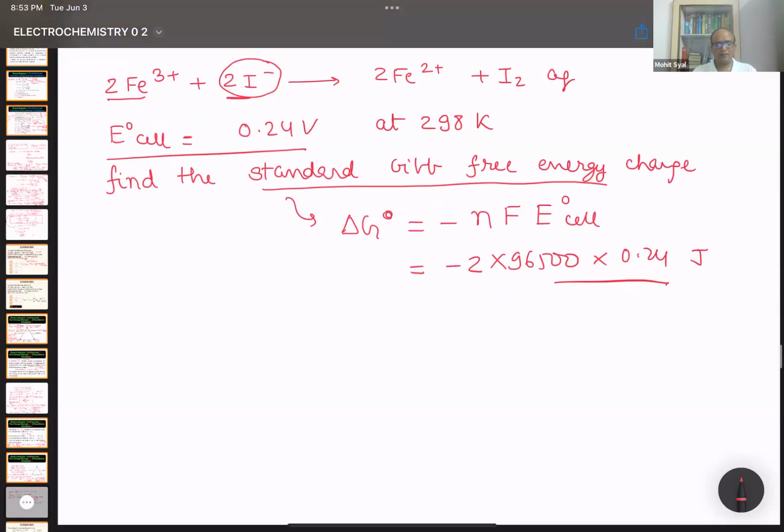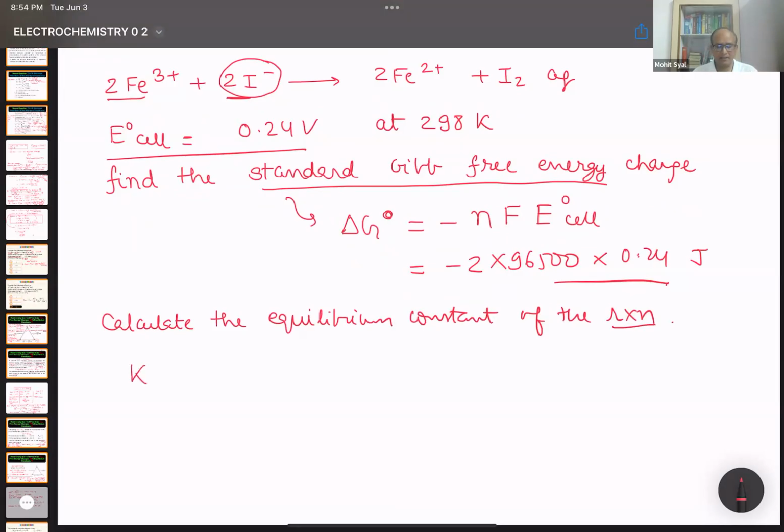Suppose I ask you to calculate the equilibrium constant of the reaction. The equilibrium constant is the ratio of the concentrations of products and reactants at equilibrium.